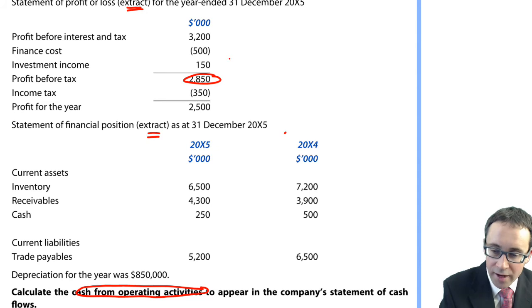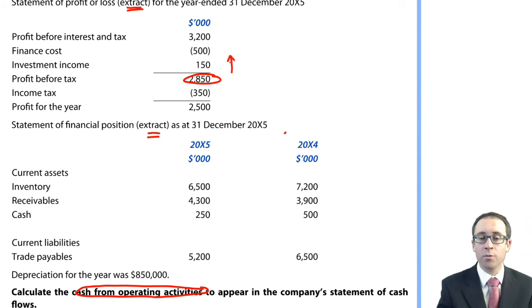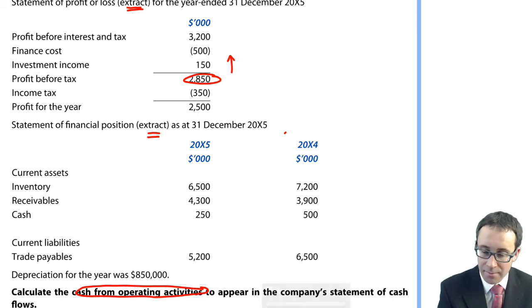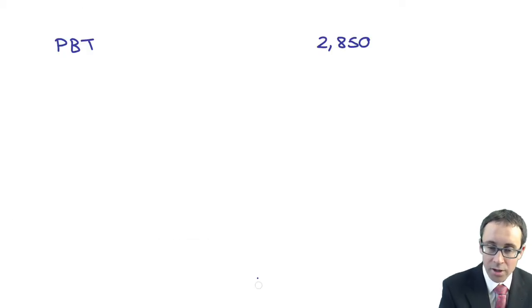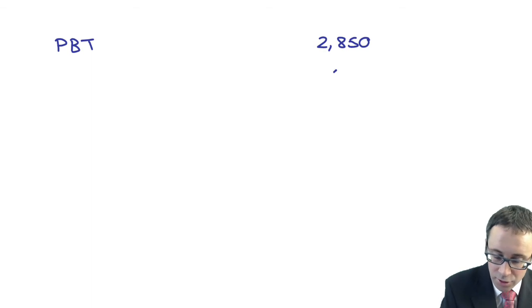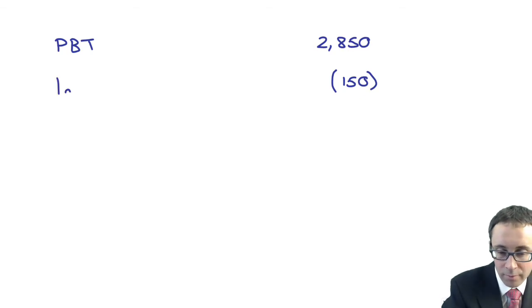Once you've got the 2850, I would then look up, because we want to get back to your operating profit, profit before interest and tax. Well, what they've done there is they've added on the investment income to get to PBT. So what we need to do is remove that investment income to get back to your operating profit.